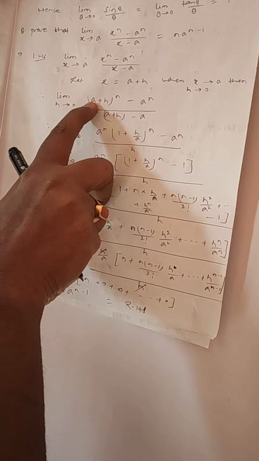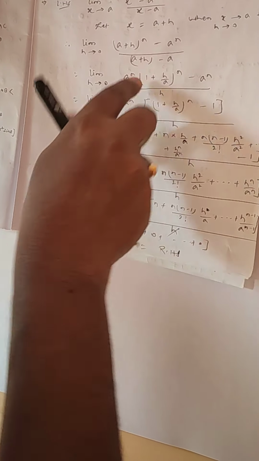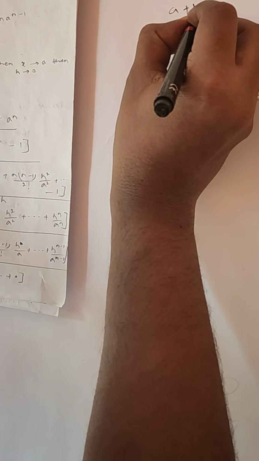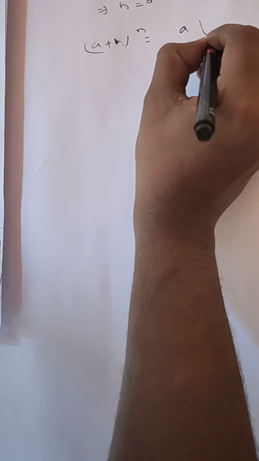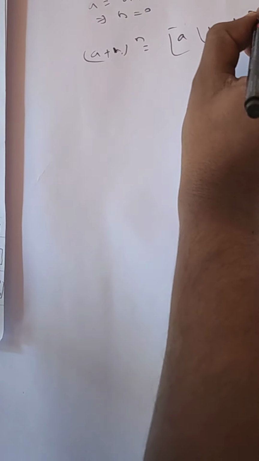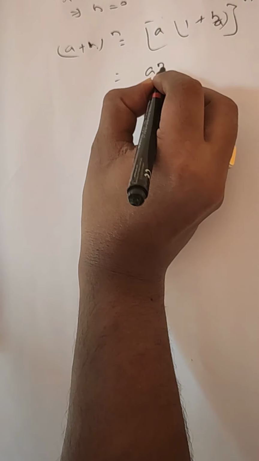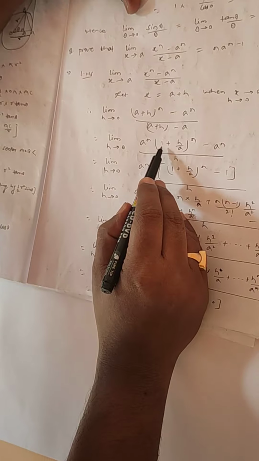Here we take a common from a plus h raised to n: a raised to n into 1 plus h by a, whole raised to n. So this will be a raised to n into 1 plus h by a raised to n. Then a raised to n into 1 plus h by a raised to n minus a raised to n, by h.